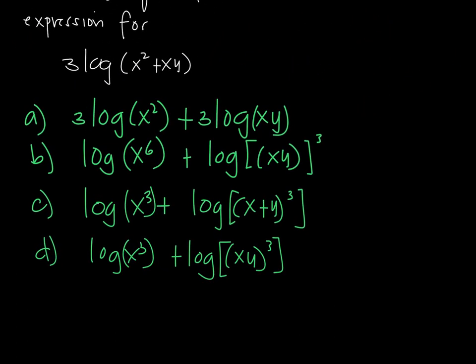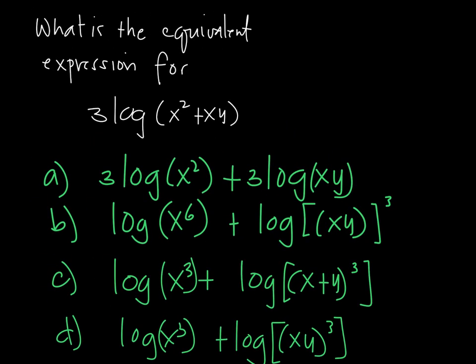This is a tricky question because you might be tempted to distribute the log to the x squared and to the xy, and you might think that A is the correct answer, but A is wrong. Why? Because there is no such rule that can allow us to distribute a log. There is no distributive property for log.